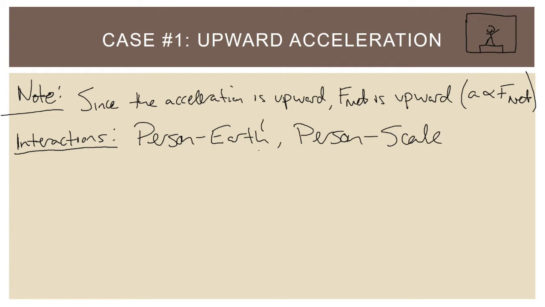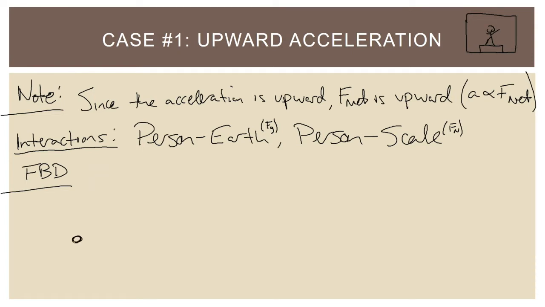The person-earth interaction is going to give rise to the gravitational force. The person-scale interaction is going to give rise to the normal force. And so our free body diagram should include those 2 forces.